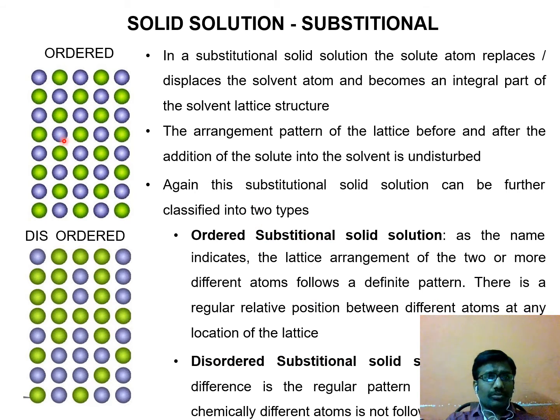In an ordered solid solution, the solute atoms replace the solvent atoms in a definite order. So this is called an ordered solid solution. Coming to disordered, here the solute atoms occupy the solvent atoms in any random manner. This is called a disordered solid solution. So this is the difference.